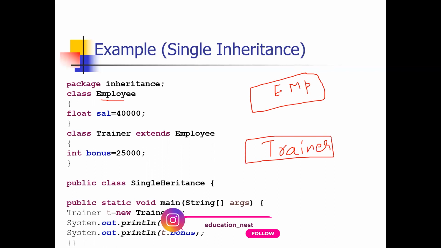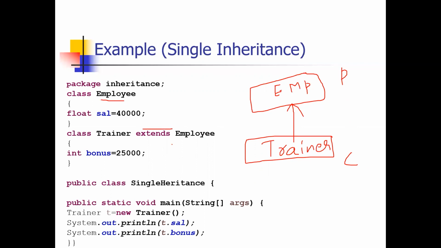Now we are showing the relation between trainer and employee like parent and child. So we use the extends keyword: trainer extends employee, which means this trainer is the child of the employee, or this trainer inherits the properties of the employee.